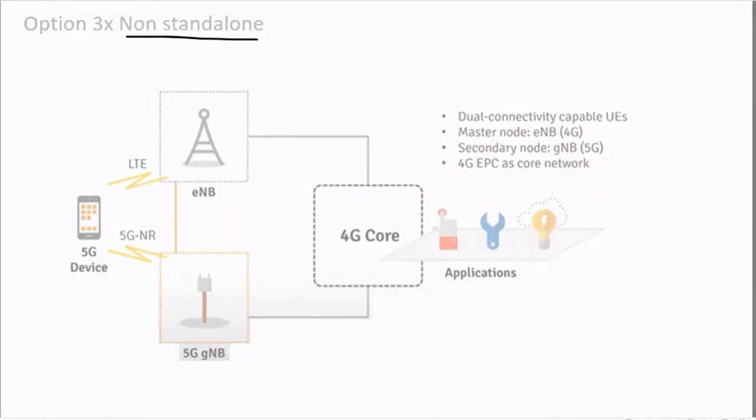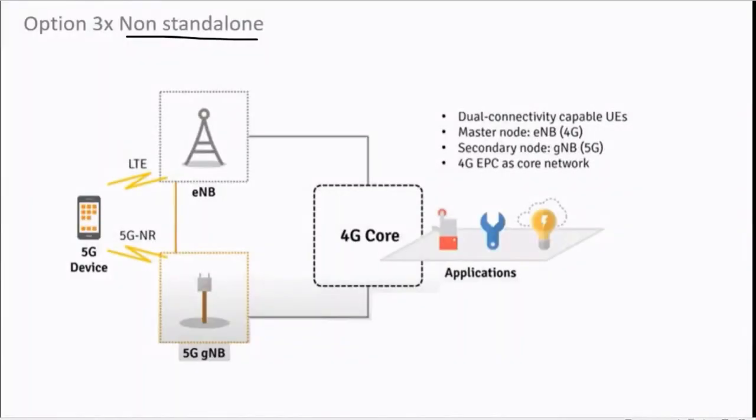In the 3X option, you see a new 5G G node B. That G node B would be connected to the 4G LTE core and also to its peer E node B, right? So it can be connected to the core and the E node B as well.